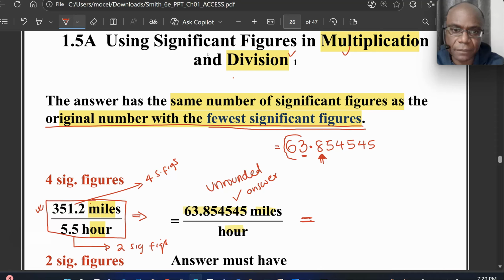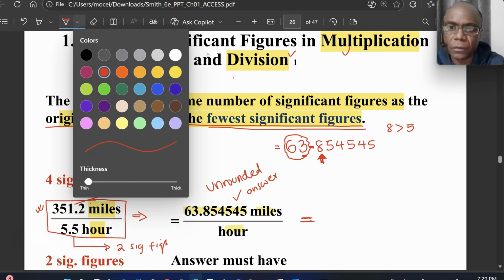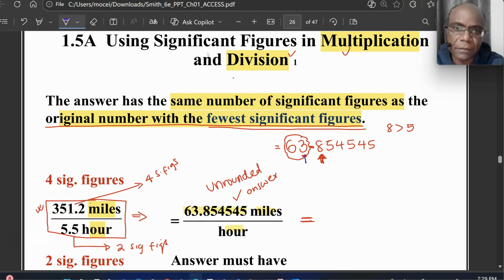These are 2 significant figures. Technically, we should have said the answer is 63, but no. We look at the next number. The first value of the rest is 8, and 8 is definitely greater than 5. So we will round up the 3 to 4. So the correct answer should be 64. 2 significant figures is the correct significant figures. So our answer is reported to 2 significant figures.